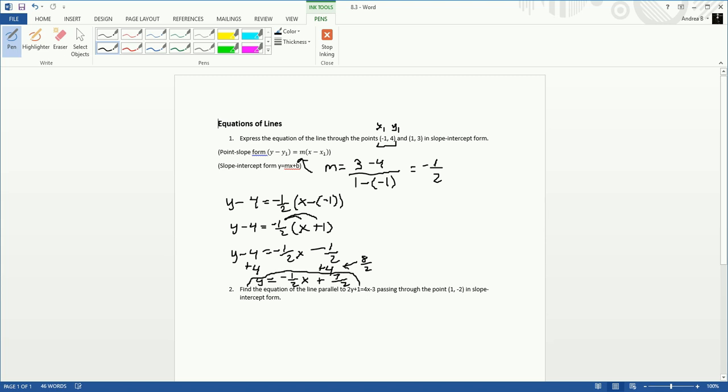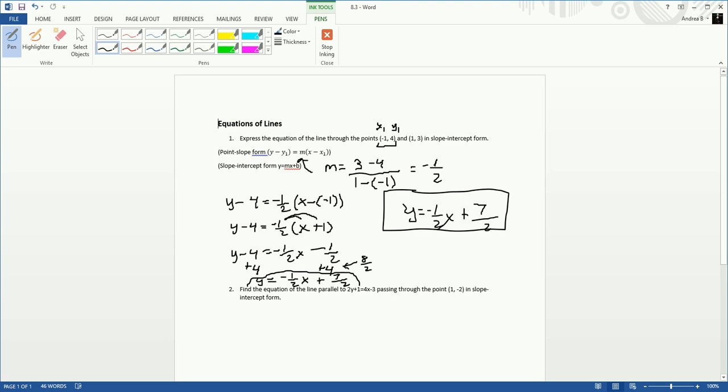Let me rewrite this equation off to the side since it's a little squished. So we got y equals -1/2 x plus 7/2, and that would be your final answer in slope-intercept form, the y equals mx plus b form.